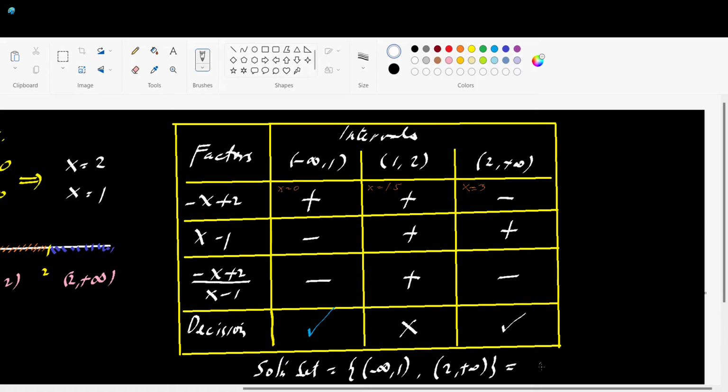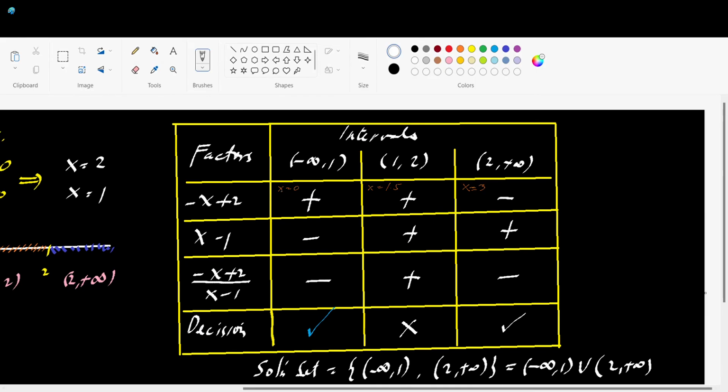Or we can just write it as negative infinity to 1 union 2 to positive infinity. Okay? And this agrees with our previous answer.